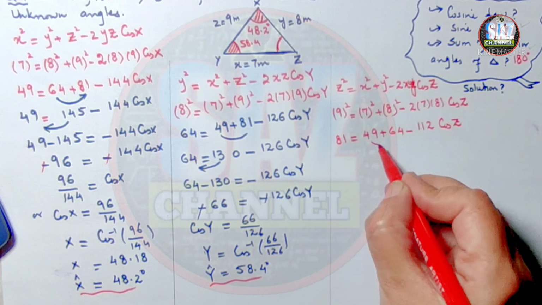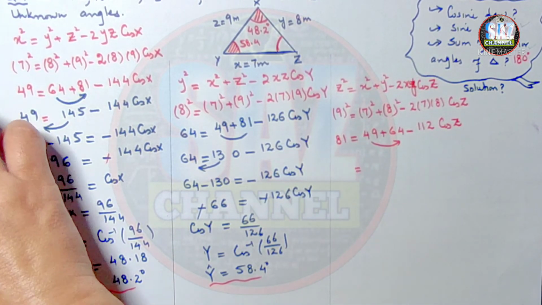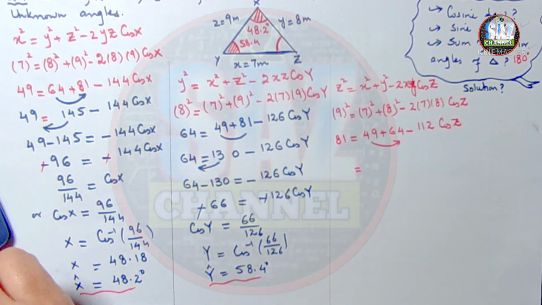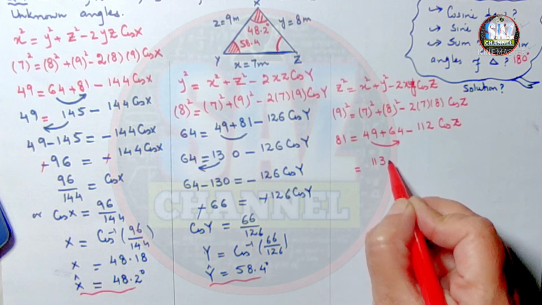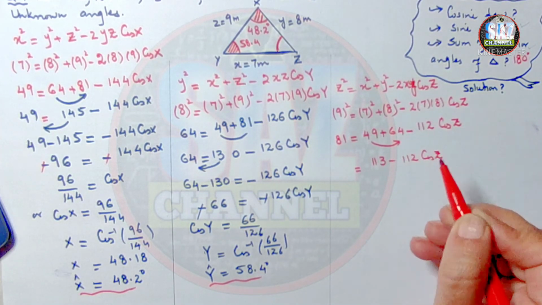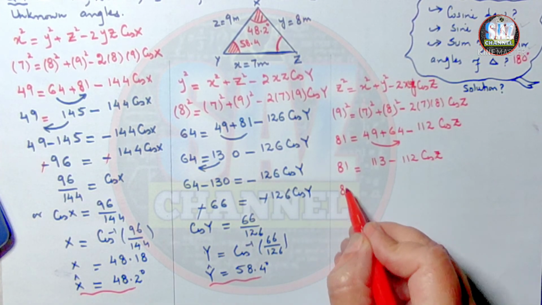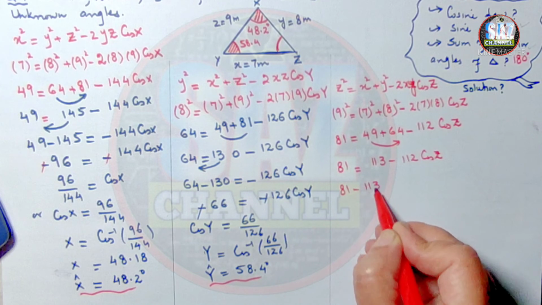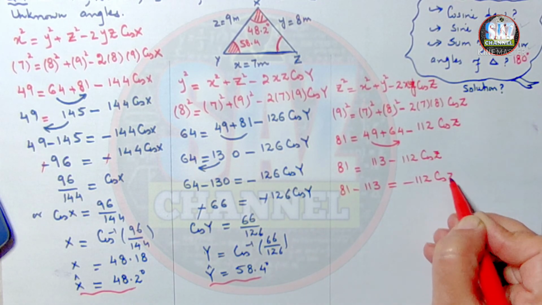Now what we have to do, we have to add up these two like terms. 49 plus 64, 113 minus 112 cos z. And the equation has the 81 over here. 81 minus 113 equals minus 112 cos z.